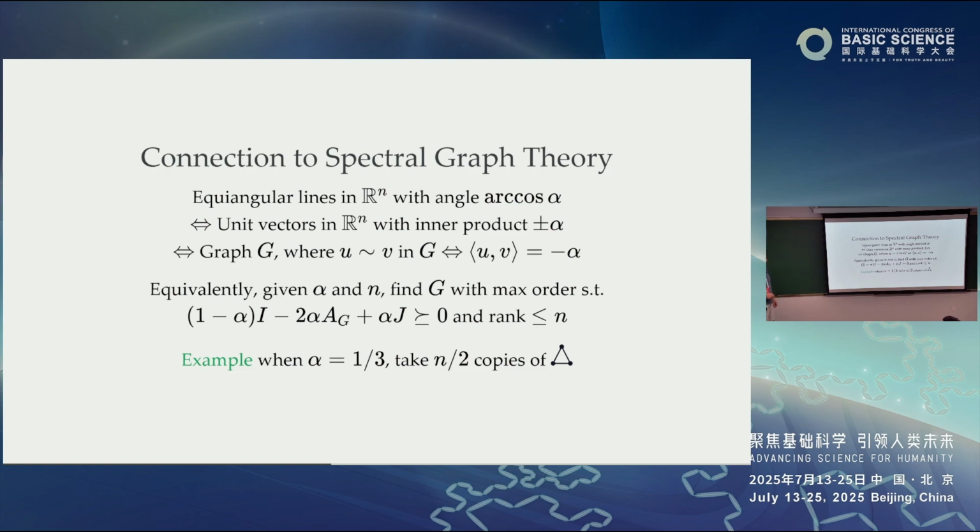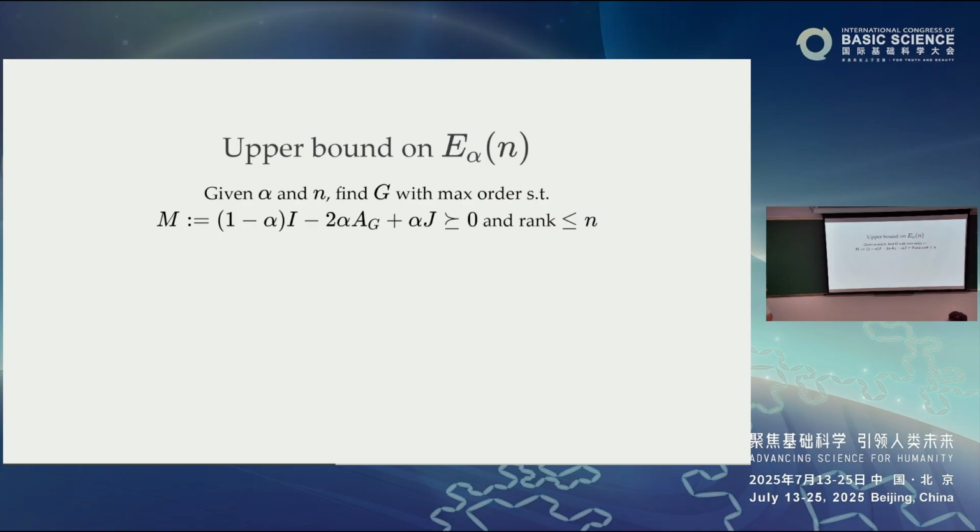So this example actually generalizes so that you get a lower bound for the size of G. And that in turn gives you a lower bound on the maximum number of equiangular lines in R^n. Question? Number of vertices, yes. Hopefully I gave you the impression that the example can generalize so that you get a lower bound on this function E_alpha(n).